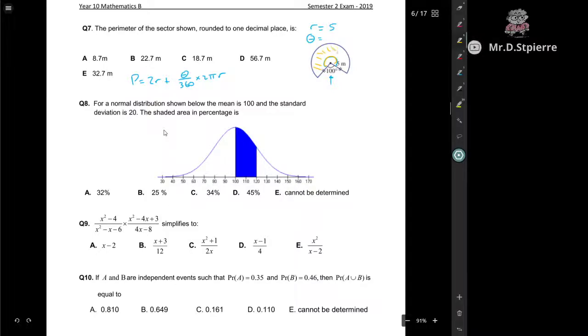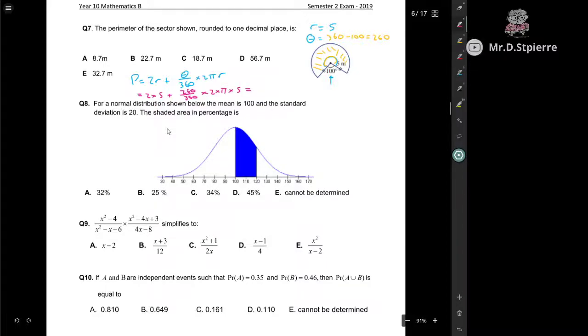So in this case, theta is equal to 360 take away 100, which is 260. So now we can finish off our formula. So we get 2 times 5 plus 260 on 360 times 2 pi times 5.